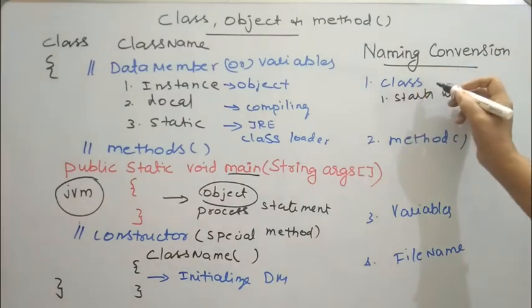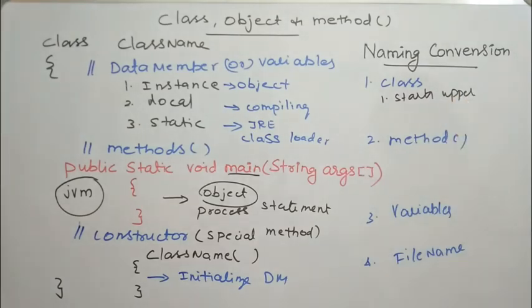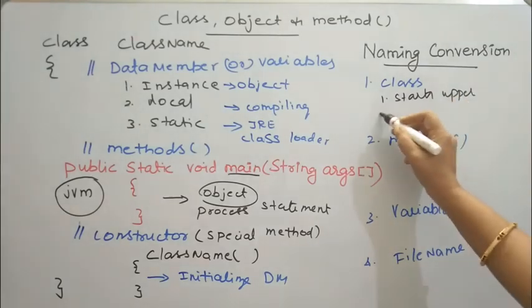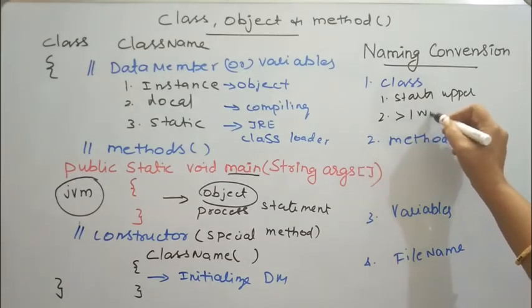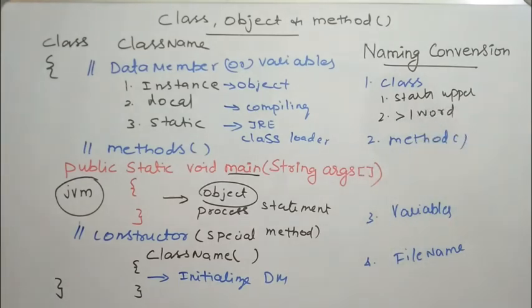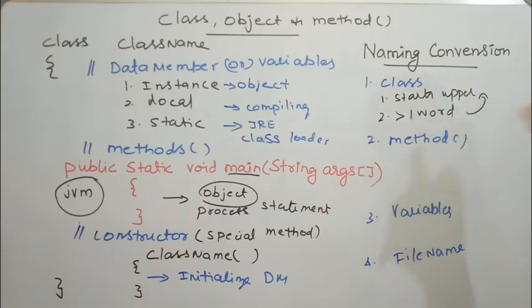When we have more than one word, in all the words the first letter needs to be capitalized. So when the class name is more than one word, the first letter in all the words should be capitalized, in uppercase.